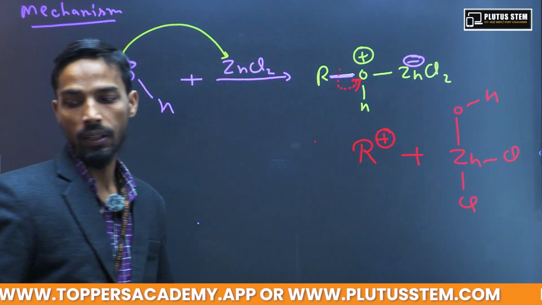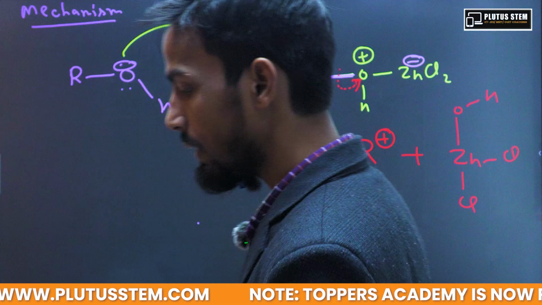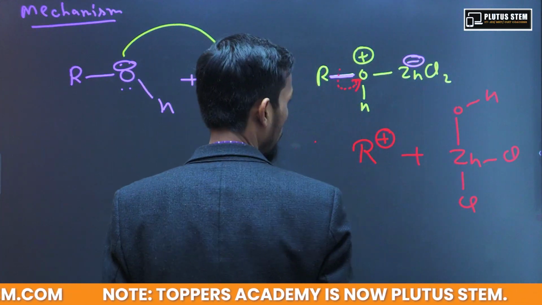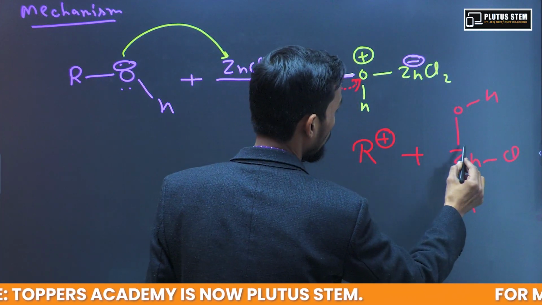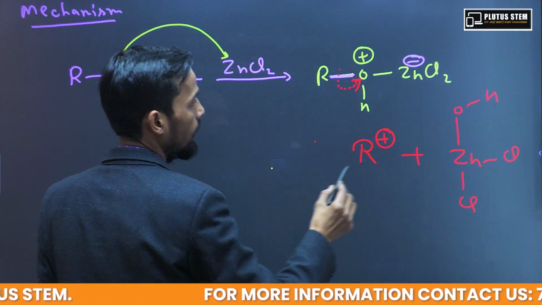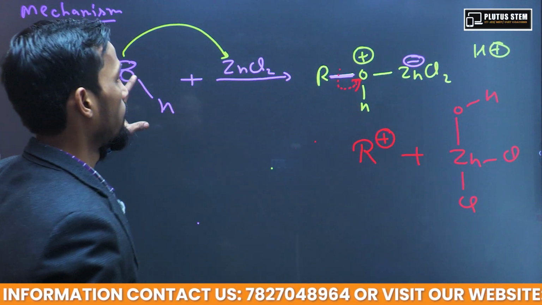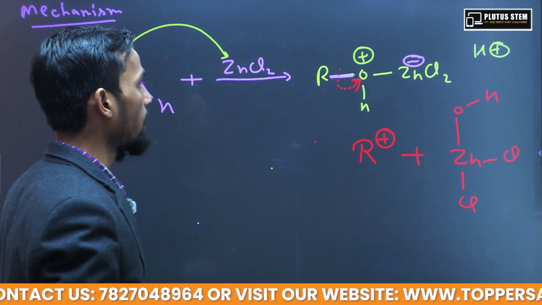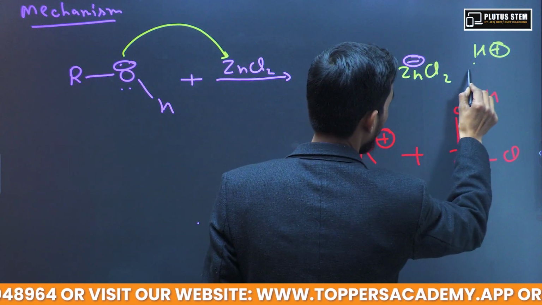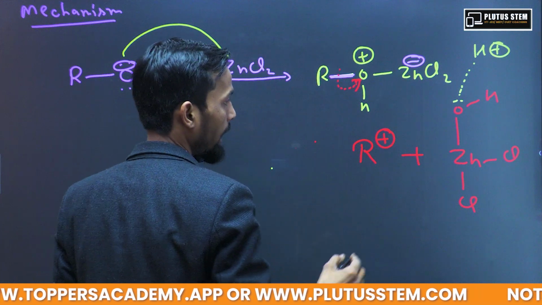We are getting ZnCl2OH, and with the help of the H positive ion, this is now neutralized. So what will happen now? The H positive ion of this HCl will be abstracted by this OH, and ZnCl2 will leave.